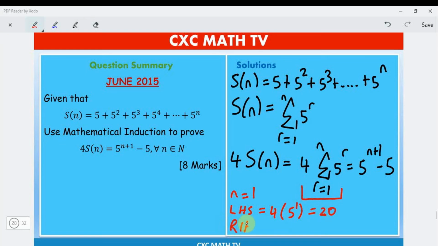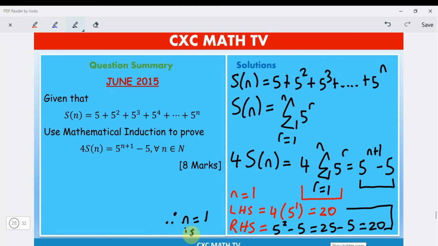The right hand side, plugging in n as 1, is 5 to the 1 plus 1, which is 2, minus 5. 5 squared is 25, minus 5, which is 20. Notice that these are the same, so we conclude that n equal 1 is true.